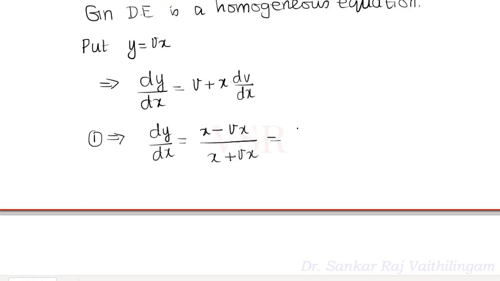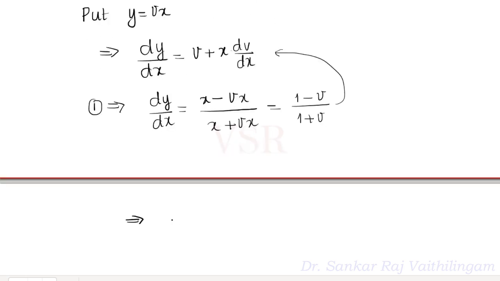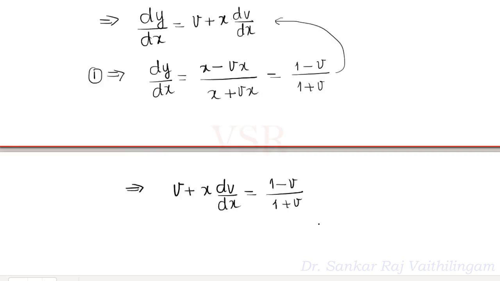We will have this as 1 minus v divided by 1 plus v. This implies that we can write v plus x into dv by dx is equal to 1 minus v divided by 1 plus v.